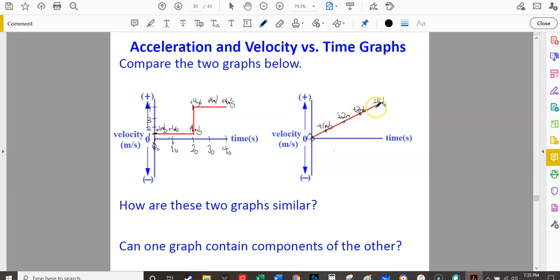And so this is what is called acceleration in a velocity versus time graph. Let's just make this easy.